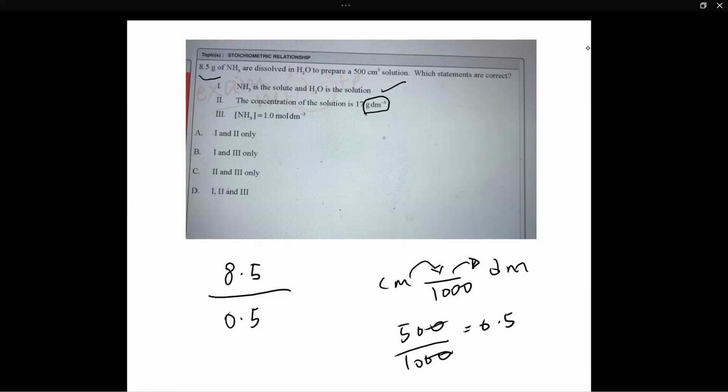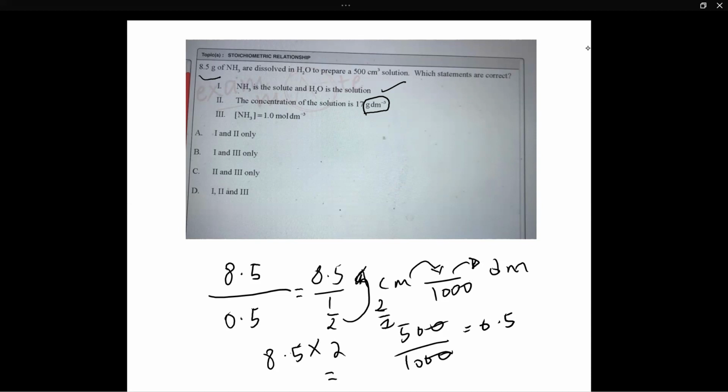I know that you don't get a calculator in the paper, but 8.5 divided by 0.5 is the same thing as 8.5 divided by 1 over 2. Now we need to get this fraction to the top, and when we get something to the top, we flip the fraction. So it basically becomes 8.5 times 2 over 1, and 2 over 1 is nothing but 2.